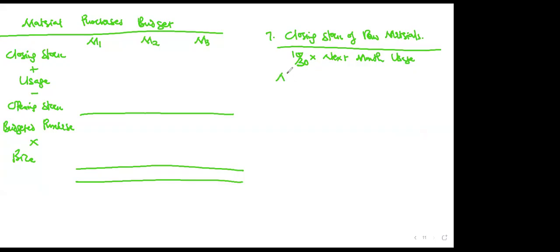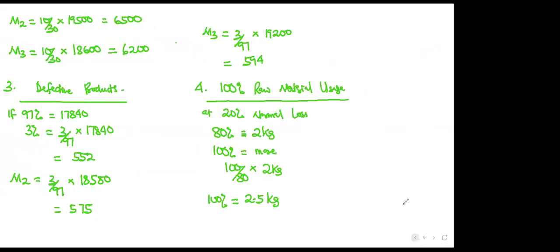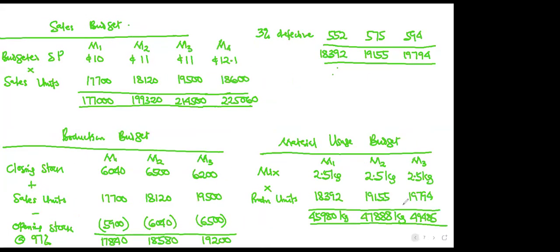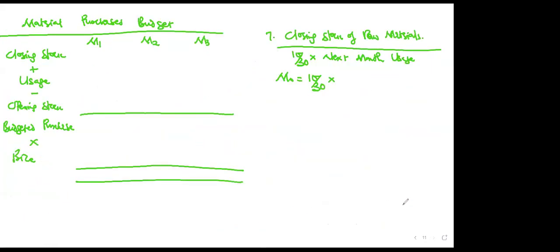So month 0 will be 10/30 of month 1 usage. What is raw material usage in month 1? Let's go to our raw material usage budget. It is 45,980.